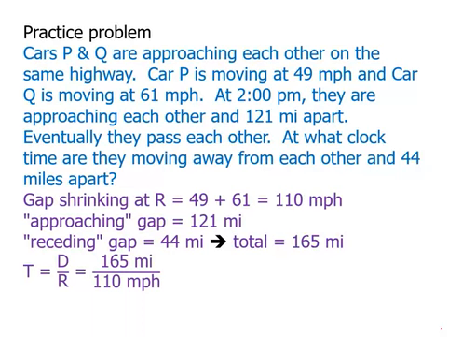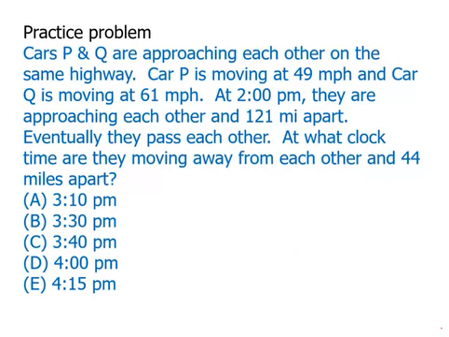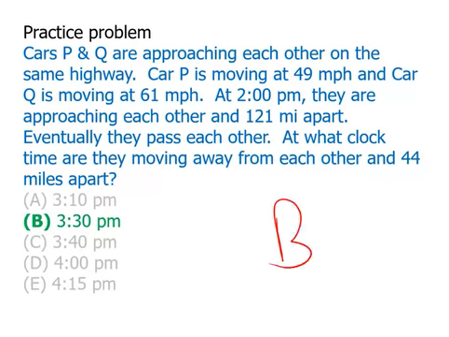So when we divide by 11, we get 15 over 10, or 1.5 hours. And so 1.5 hours later is when they're 44 miles away from each other. 1.5 hours after 2 p.m. would be 3:30 p.m. So we go back to the answers and choose answer choice B.